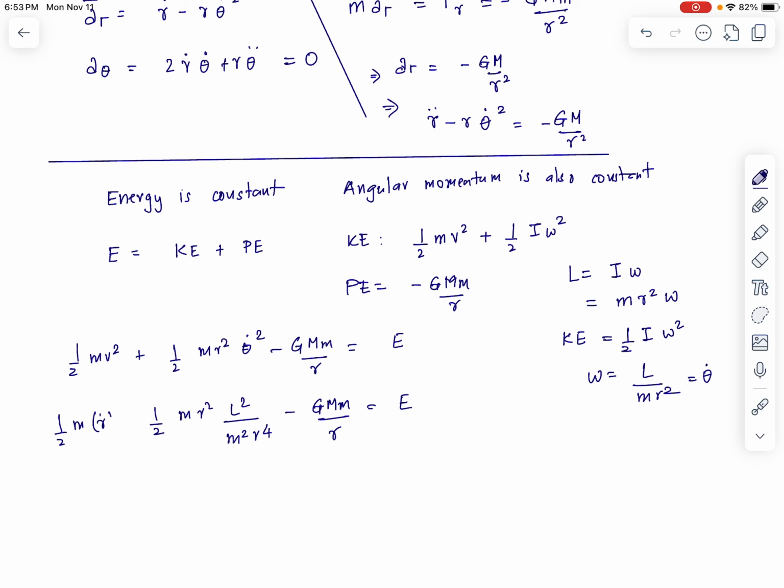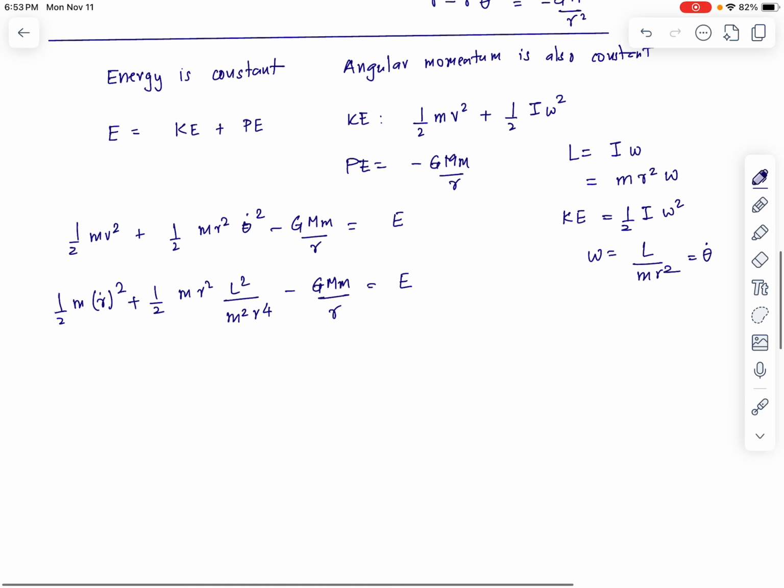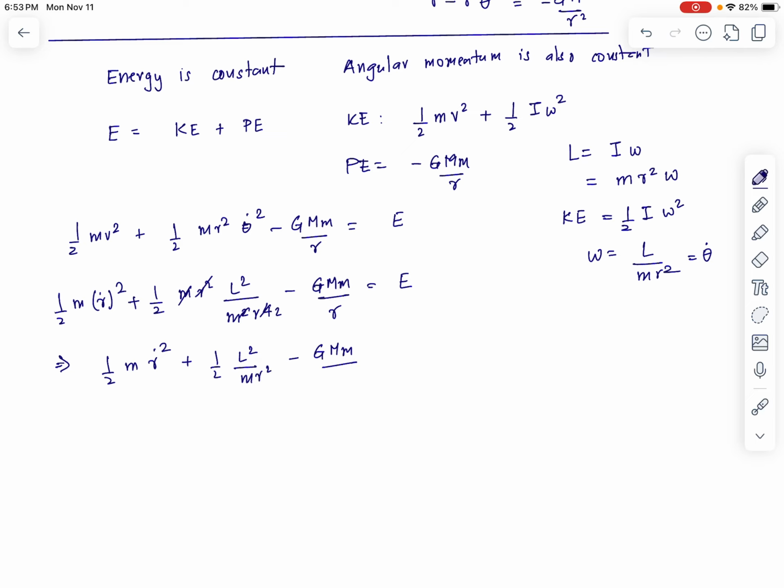Okay, so that's the expression that we're going to get. So now to simplify this further, we get half times m r dot square plus half, one of the m's cancels out, two of the r's cancel out, L square divided by m r square, minus G capital M little m divided by r equals E. Okay, so that's what we have.